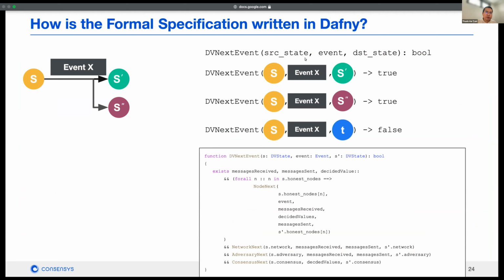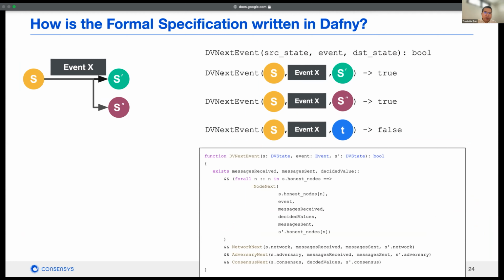And now I'm going to show you more details about our specification written in Dafny. Assume that we have a transition from state S with event X, and now we can specify this transition by defining a function dv next event whose return value is Boolean.